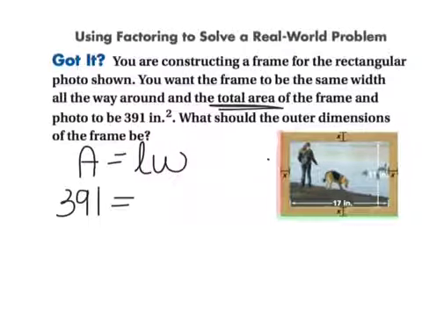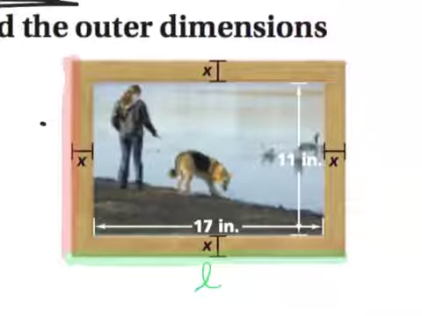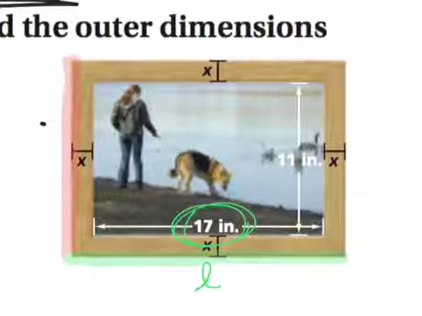But the length and the width are the tricky part, because when I look at this picture, I'm going to zoom in on it a little bit so that you can see what I'm talking about. I know that the inside part of the length, this down here in the green, is our length, and the inside of that is 17. But I have something out here and something out here because they want this whole length from end to end.